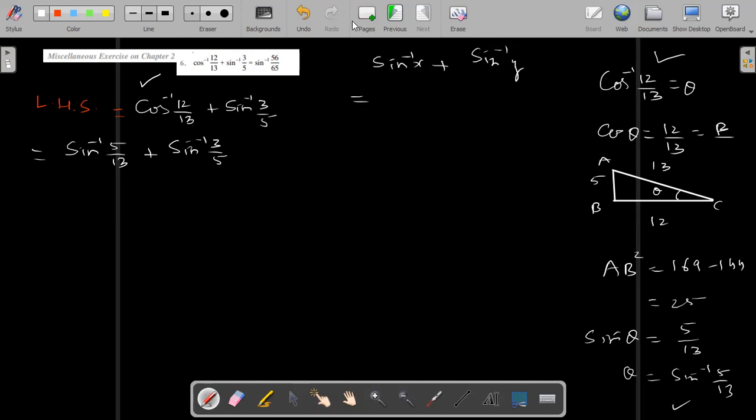Now use the formula: sine inverse x plus sine inverse y is equal to sine inverse of x under root 1 minus y square, that is sin a cos b, plus cos a sin b, plus will come here, then y into under root 1 minus x square.